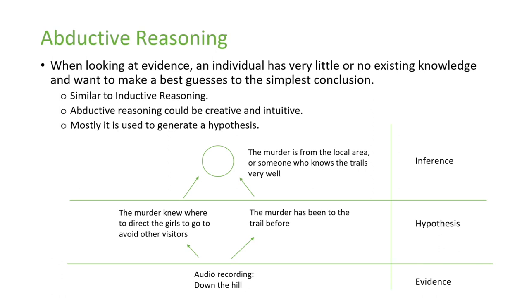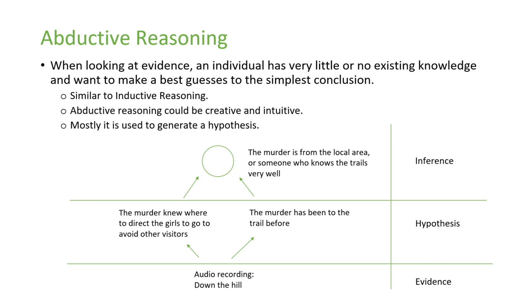Using the Delphi murder case as an example, we know that there is audio recording evidence down the hill in Libby's cell phone. In a podcast from the Uncovered website, based on the recording, the host makes a hypothesis that the murderer knew where to direct the girls to go to avoid other visitors.